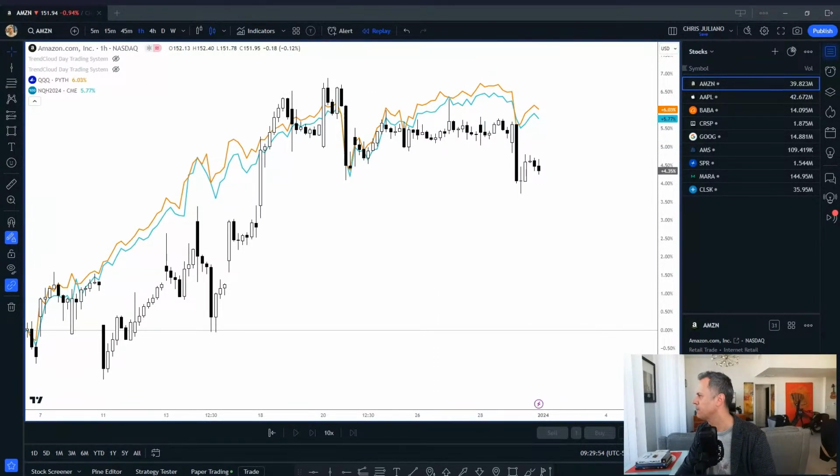So you can put these charts up against each other and just see what's outperforming. But either way, the S&P is 500 of the best large cap stocks out there.